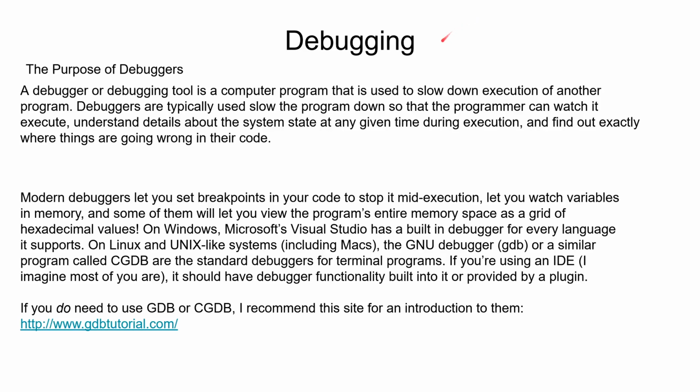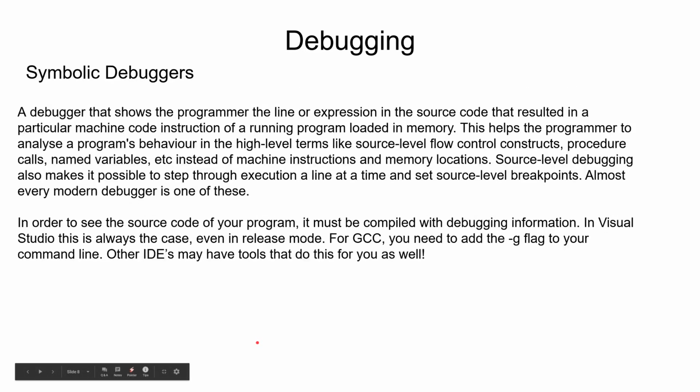In my opinion, GDB and CGDB are the most powerful options, and gdbtutorial.com that I've linked here is a pretty good tutorial to get you up and running with it. What these kinds of debuggers are is something called a symbolic debugger.